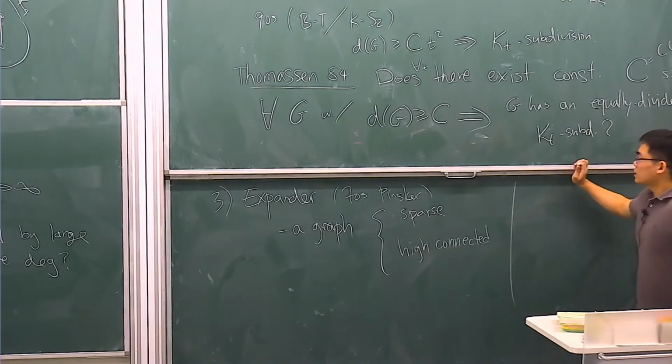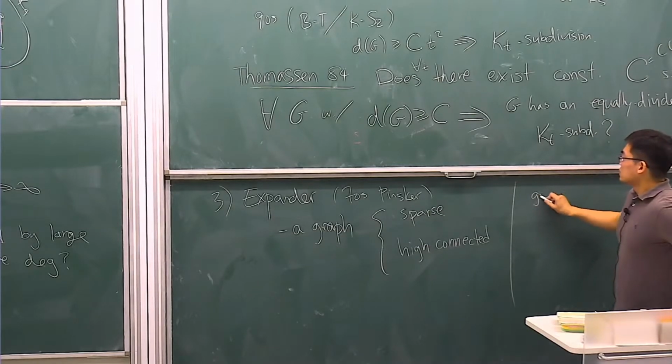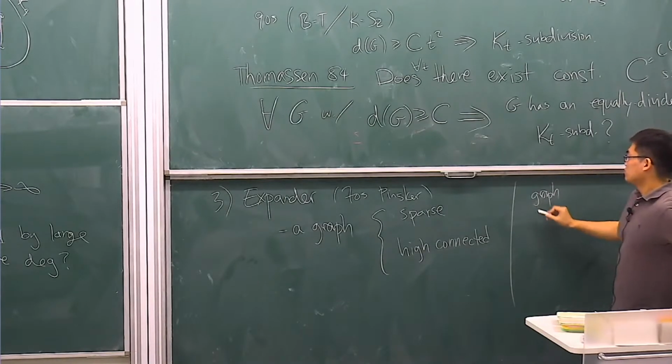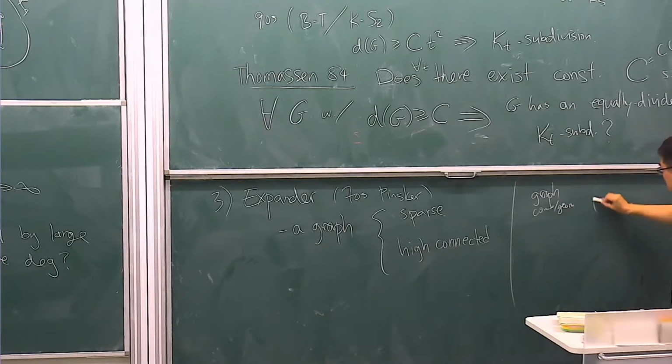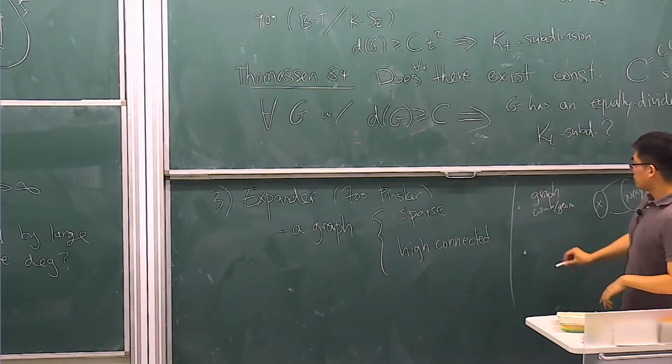Just very quickly, in the graph sense, or combinatorially, or geometrically, a graph is an expander if every vertex set has a large boundary, meaning that if you look at its neighborhood, N of X grows proportionally to X. It can also be defined probabilistically.